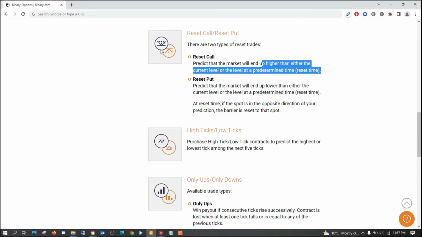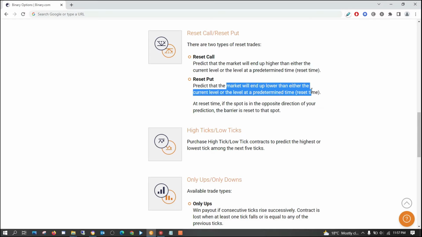If you have predicted that the market will end higher, that is called a reset call, and the reset put is the opposite of it, where you predict that the market will end lower than the current level or the level at the predetermined time.